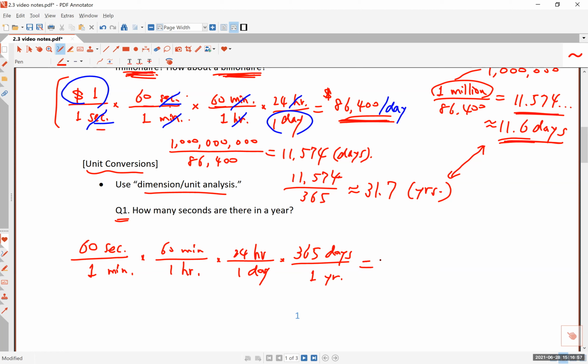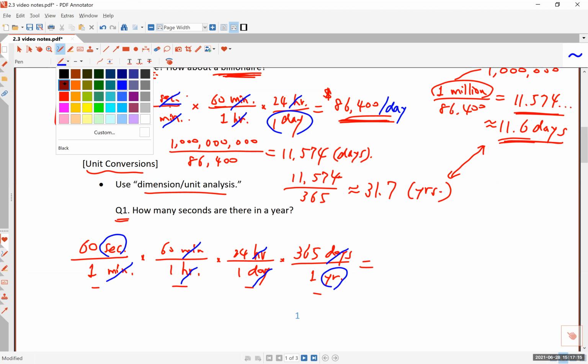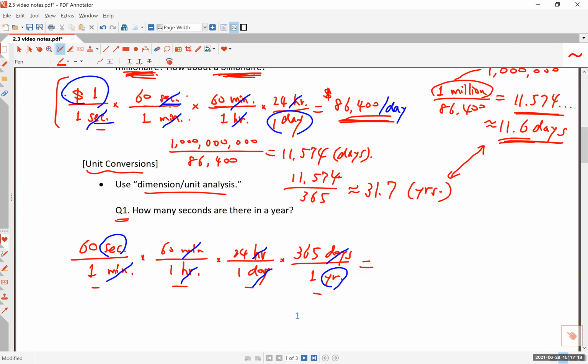Now notice here the denominators are all 1. And if you cancel the units that appear in common between the top and the bottom, the minutes cancel, the hours cancel, days cancel. The only 2 things that do not cancel are the seconds on the top and years on the bottom. If you multiply the top numbers, 60 times 60 times 24 times 365, you get 31,536,000.